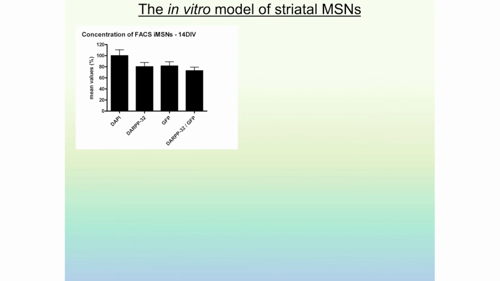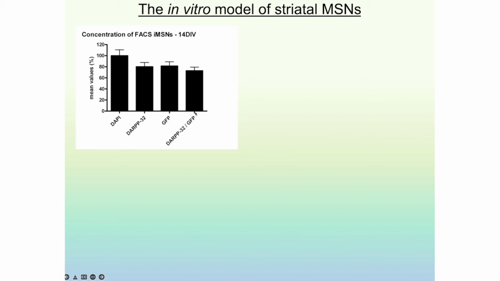However, when it came to the concentration, in this case of indirect pathway medium spiny neurons, at 14 days in vitro, we could show that 80% of the cells in those cultures express DARPP-32, which is the general marker for medium spiny neurons, and approximately the same amount expresses GFP. And slightly less, like 75%, of those cells are DARPP-32 and GFP double positive.